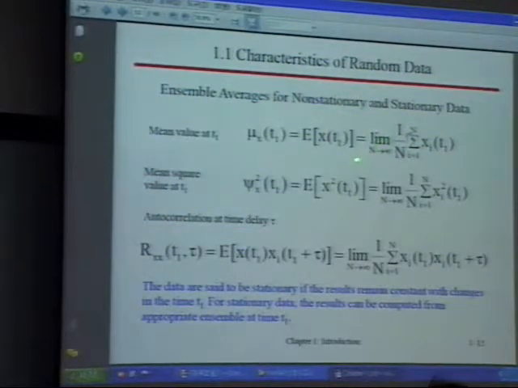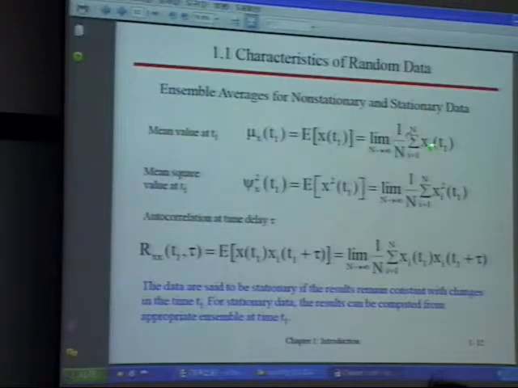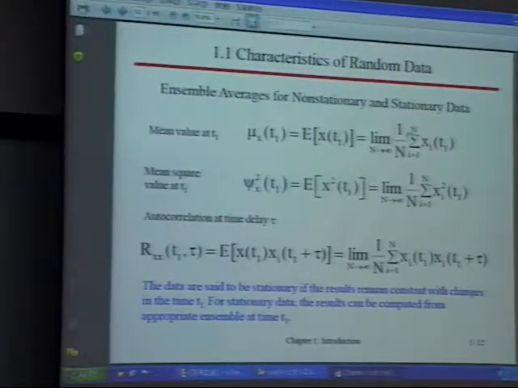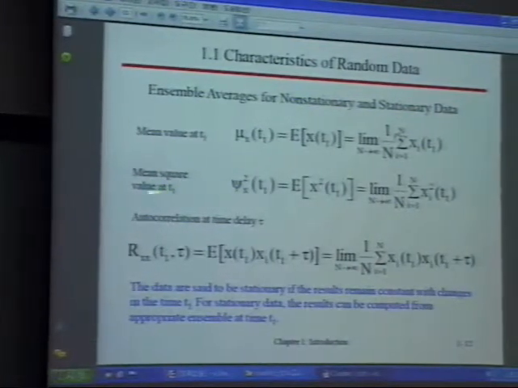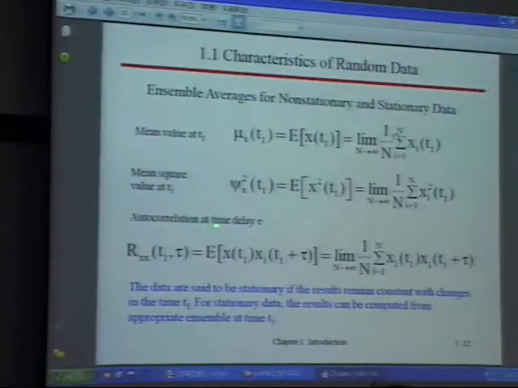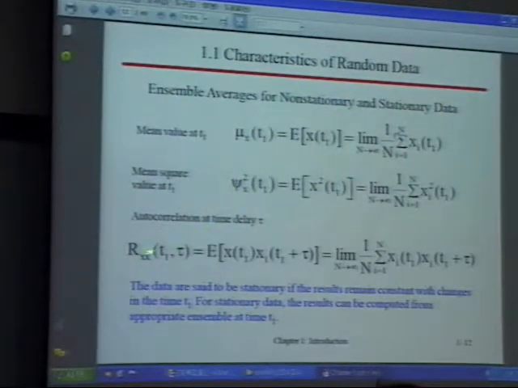And limit n goes to infinity, 1 over n, and x_i is the ith, the time series, you can say that. Mean square value. An autocorrelation function. Autocorrelation function at time delay tau. Tau could be a variable. Tau is the time distance between the 2 points, okay?